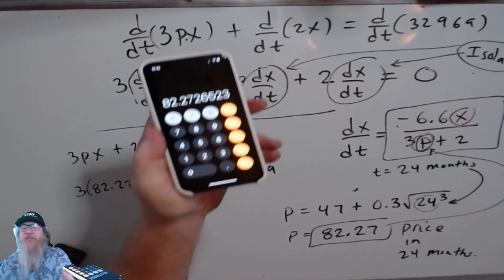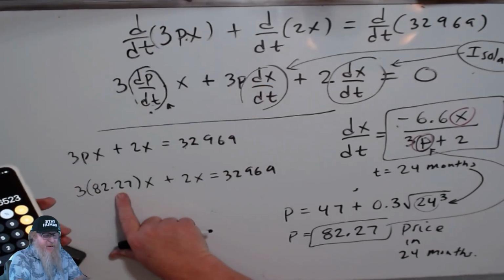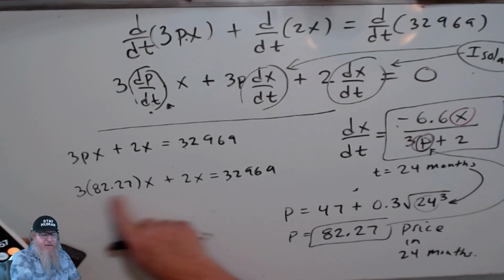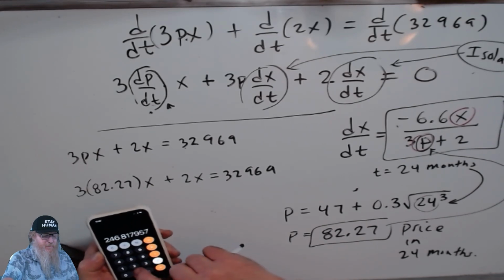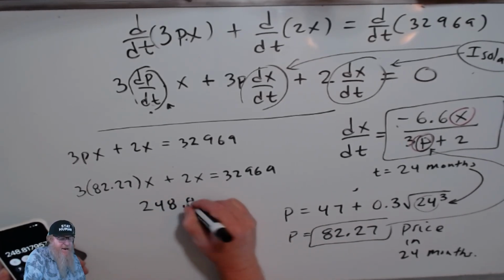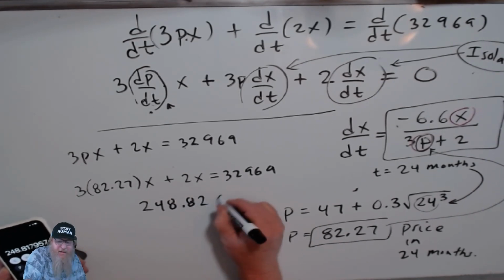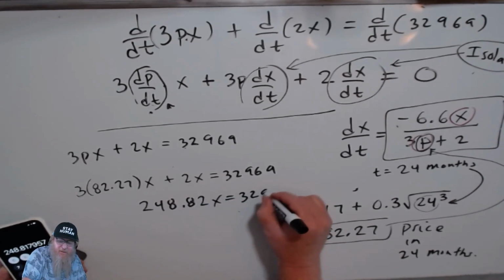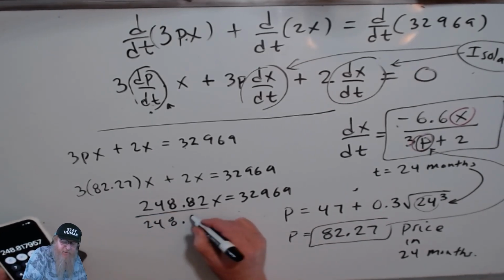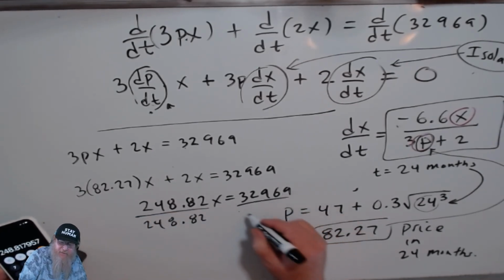So we got 82.27 times 3 plus 2 gives me 248.82x equals 32,969. Divide both sides by 248.82.